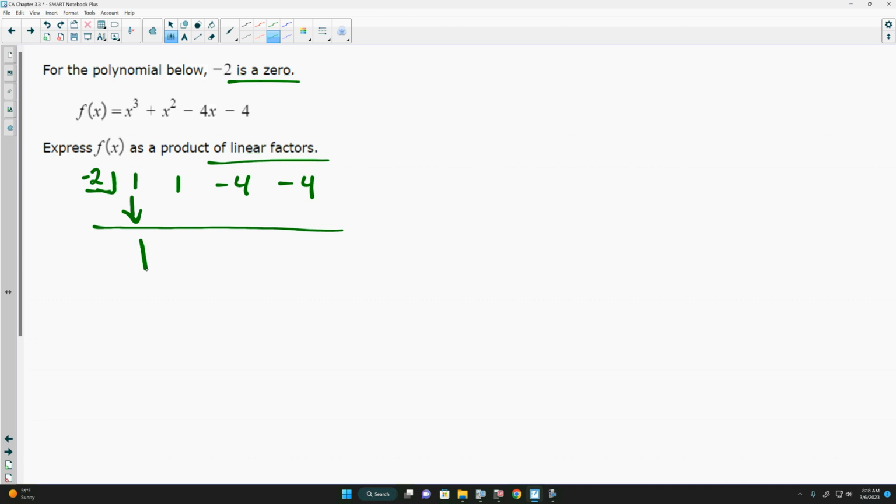Bring the 1 down. Negative 2 times 1 is negative 2. 1 plus negative 2 is negative 1. Negative 2 times negative 1 is 2. Negative 4 plus 2 is negative 2. And negative 2 times negative 2 is 4, which gives us a 0.